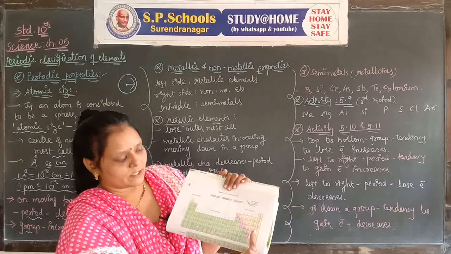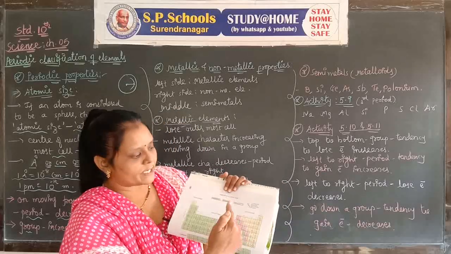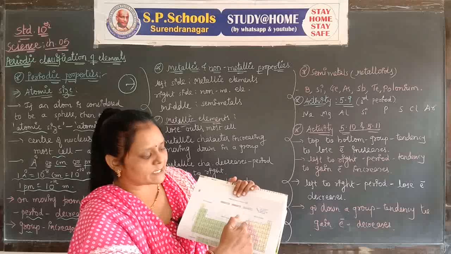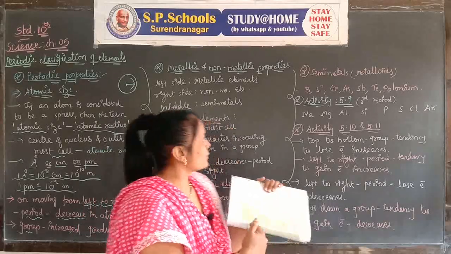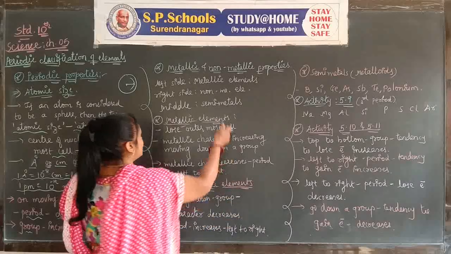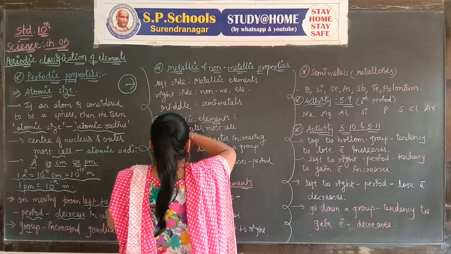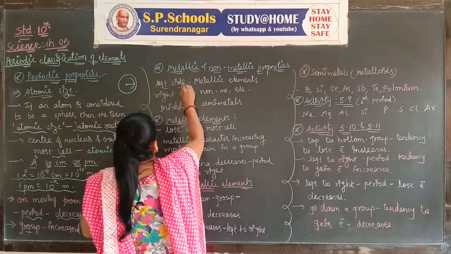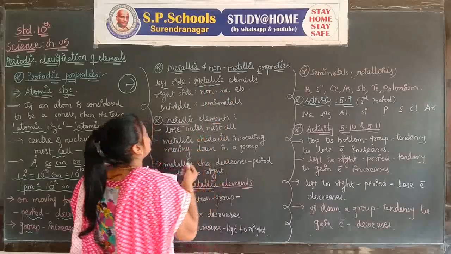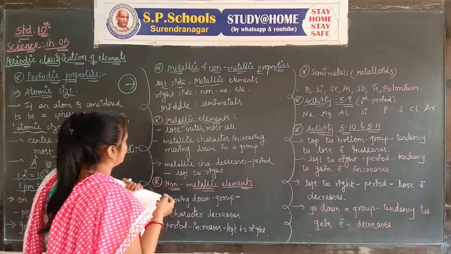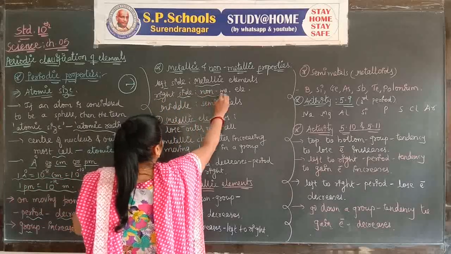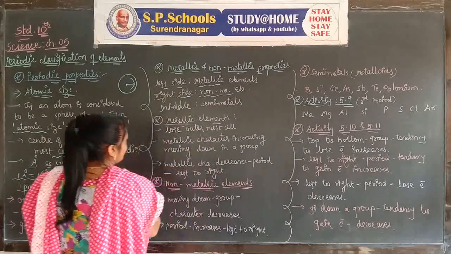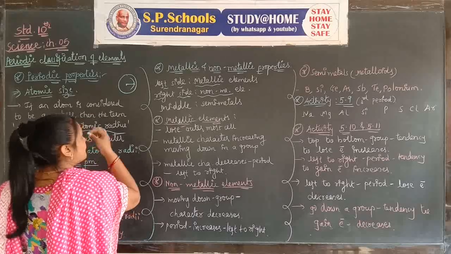Metals and non-metals are separated by a zigzag line. On the left side metallic elements occur, and on the right side non-metallic elements occur.